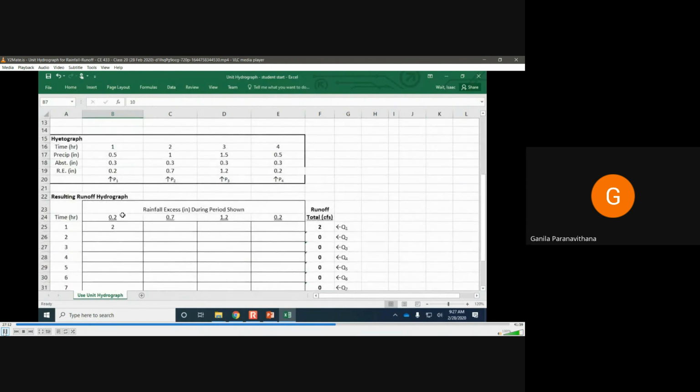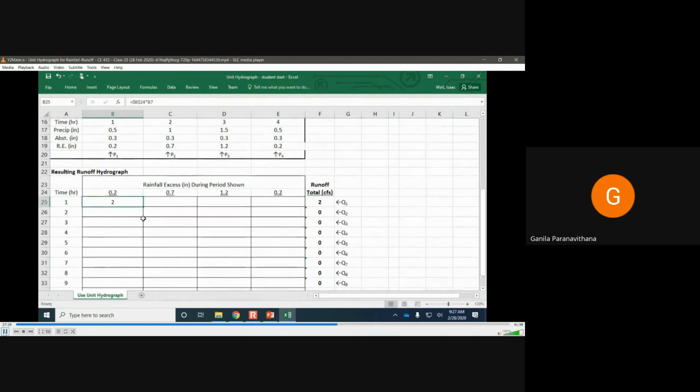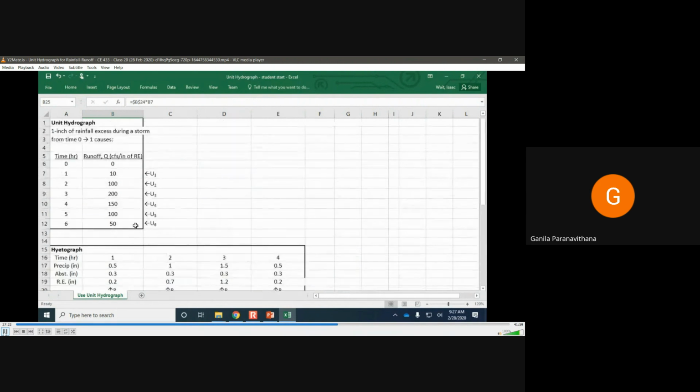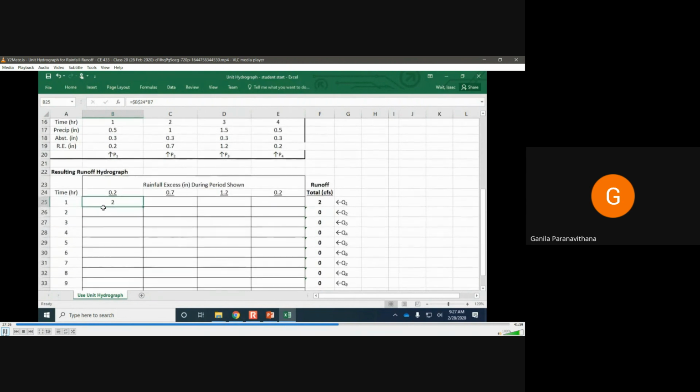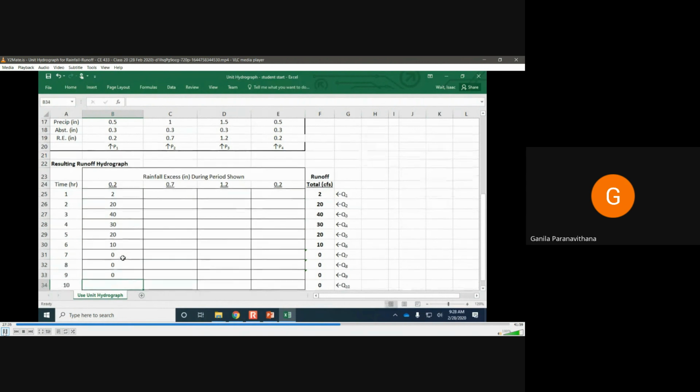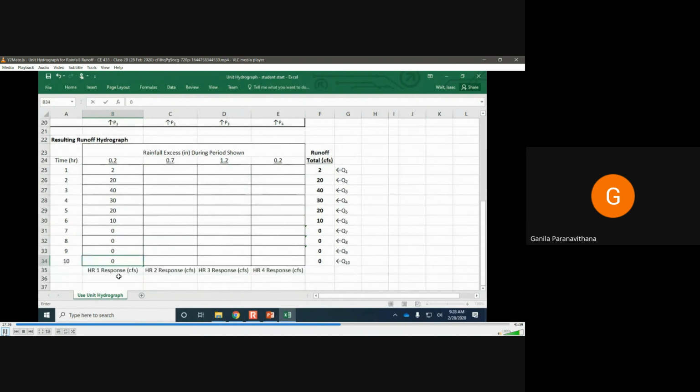We only have 2/10 of an inch. So does everybody understand why it would be 2 CFS? It's just a linearly scaled amount, and then we can drag that down, and you'll notice that we only have a response through hour 6. And so I'm going to drag that down through hour 6, and then afterwards it's just 0 CFS coming from the watershed in response to this particular pulse of rainfall excess.